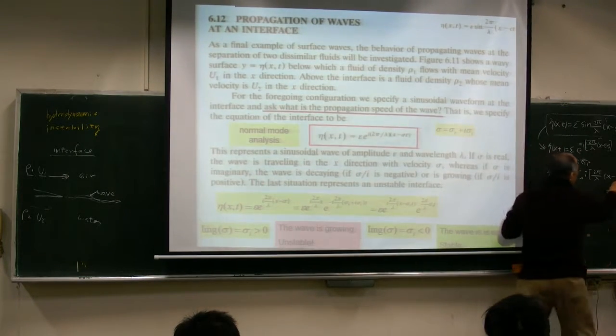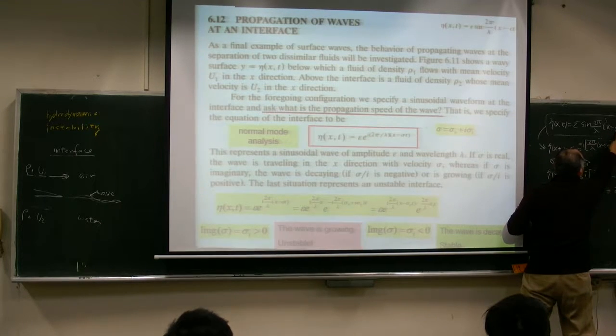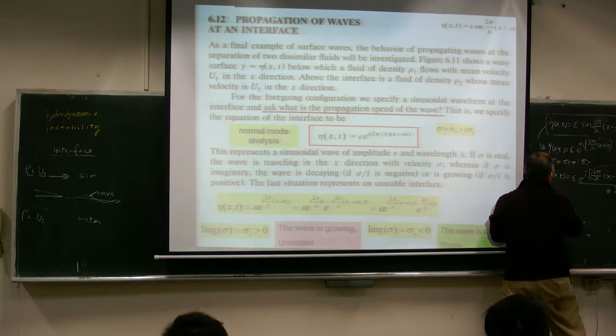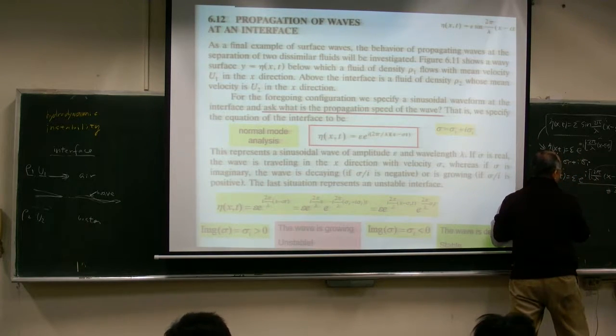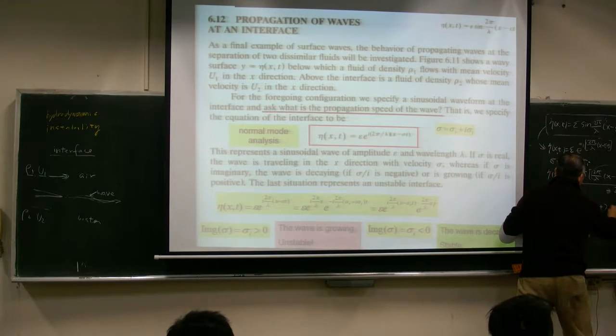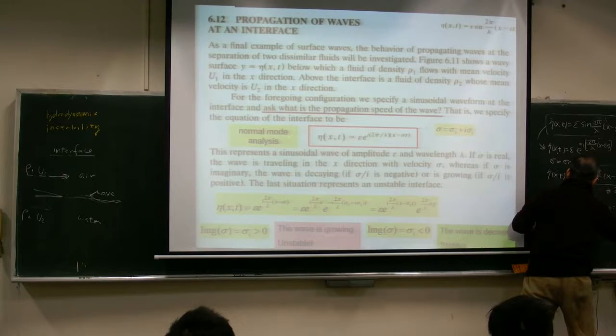Here this part is real, and c is also real. So this part is a cosine sine function: cosine of 2 pi plus sigma t, plus i sine.